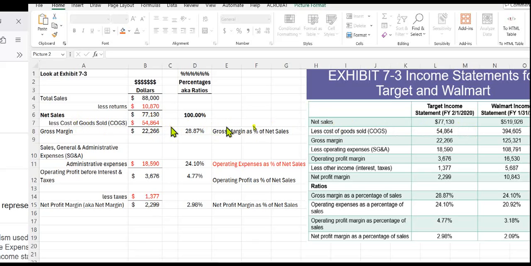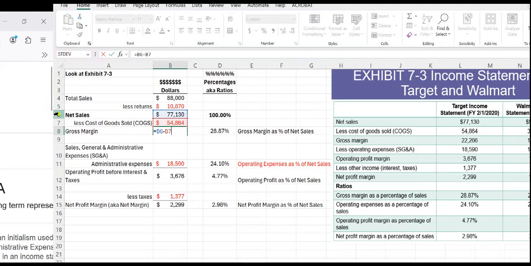Then we're going to subtract the cost of goods it took us to make those sales. So simply put, I'm inputting the data and then creating in my spreadsheet an equal: what's in B6, that's net sales, less what's in B7.